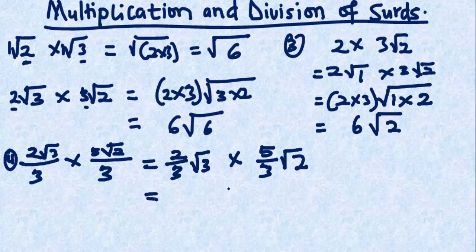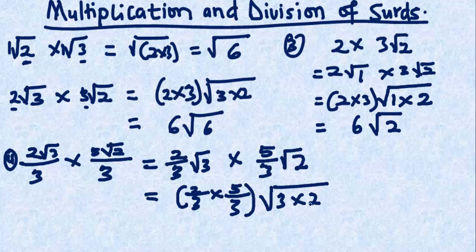Okay, so here we go. Numbers outside the root will multiply, so we have 2 over 3 multiplied by 5 over 3. Then numbers inside the root will also multiply, so we have 3 multiplied by 2.